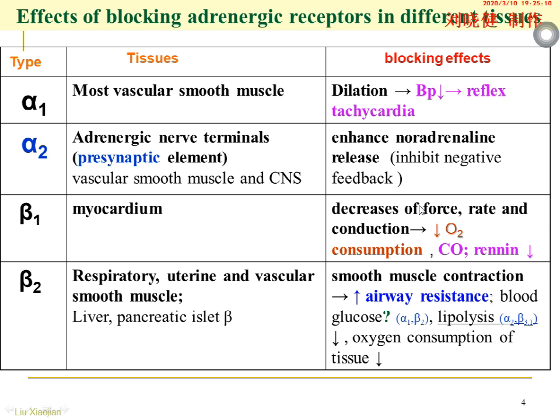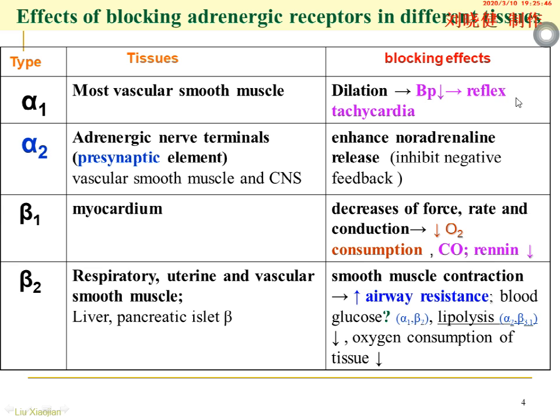So now, the blockers. If alpha 1 is blocked by drugs, it will induce smooth muscle relaxation. So on the blood vessels, it will induce vasodilation, and blood pressure may be decreased. But in the whole body, the body will inhibit this obvious change in blood pressure.